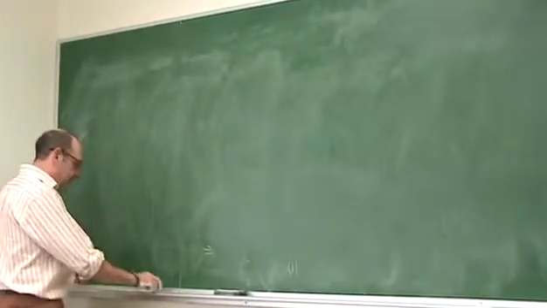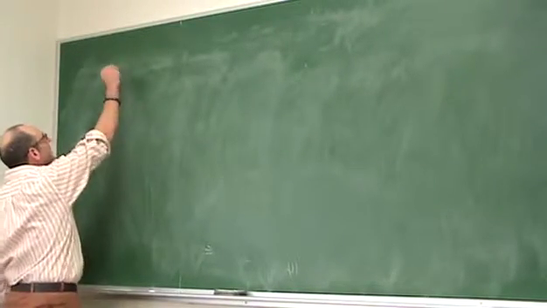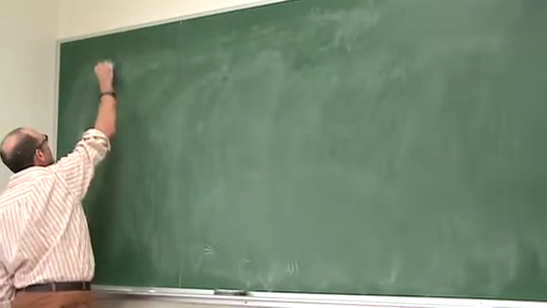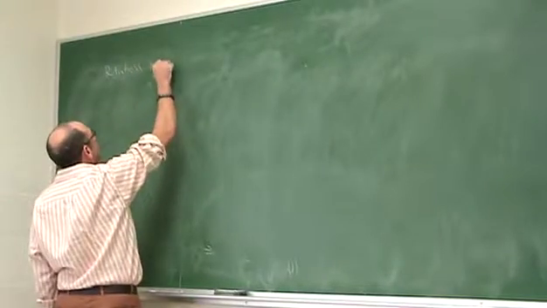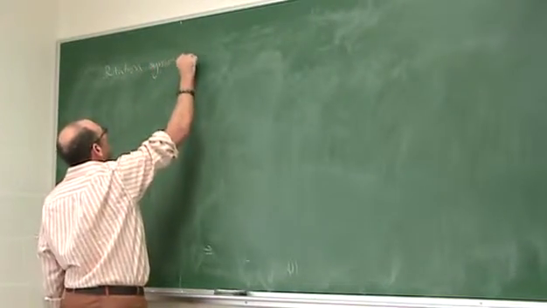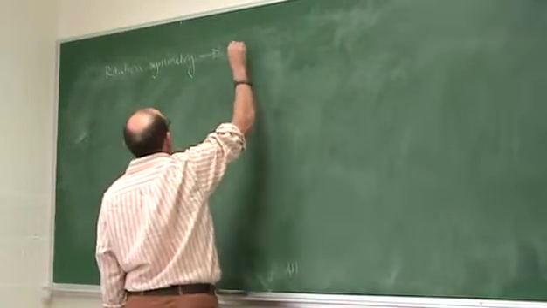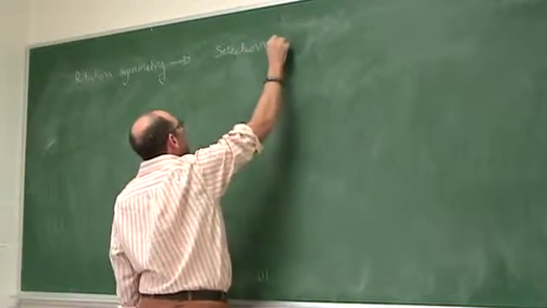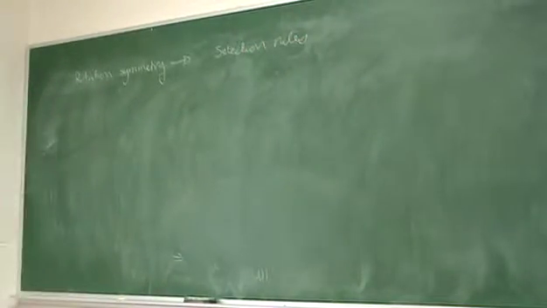One of the things we were interested in is rotational symmetry. What we want to get from this ultimately is what we call selection rules. That's where we're headed. What do we mean by selection rules?